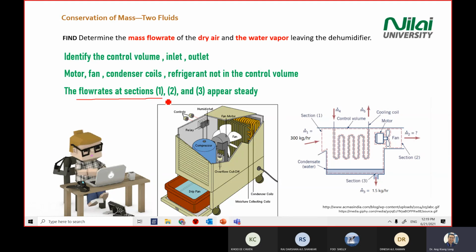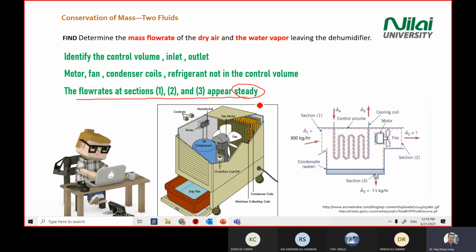Normally, the question will state this to help you solve a bit faster. This is a very important statement, because if you have a steady flow, it will simplify the equation. The flow rate in section 1, 2, 3, here, here, and here, will be steady flow.